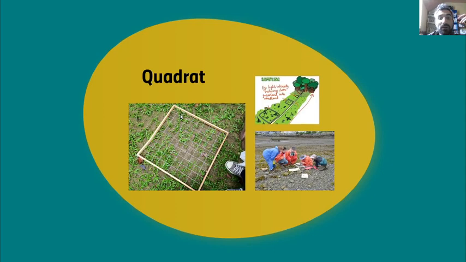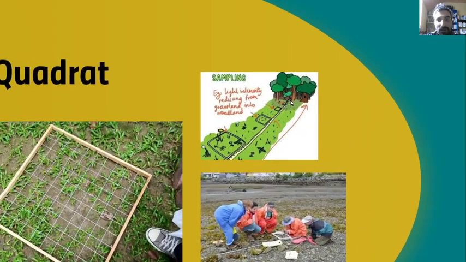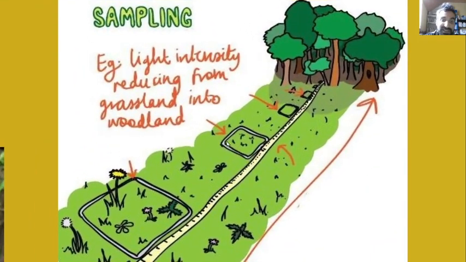When you have motionless organisms or insects, arthropods who don't move a lot, you can use quadrats. Quadrats quite often are for botanists, it's true.